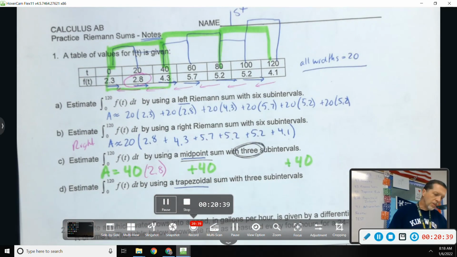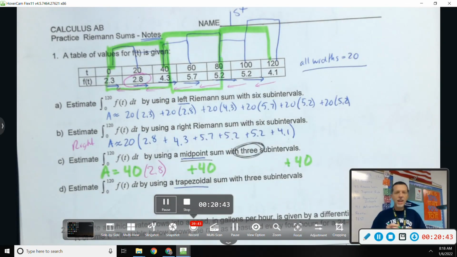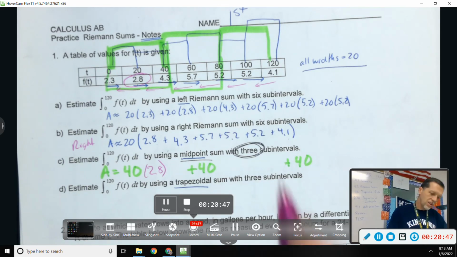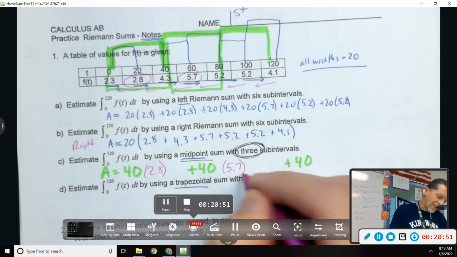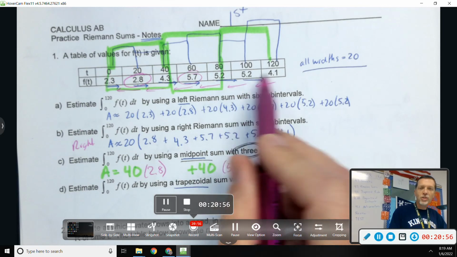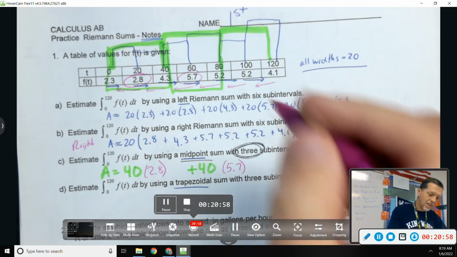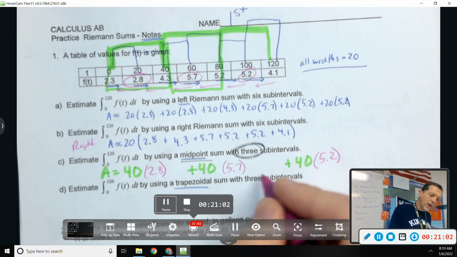For the second rectangle, between 40 and 80, what height do I use? 4.3, 5.7, or 5.2? Why 5.7? It's in the middle. And then for the last one, 5.2, 5.2, or 4.1? The middle, 5.2. So be careful, read carefully.